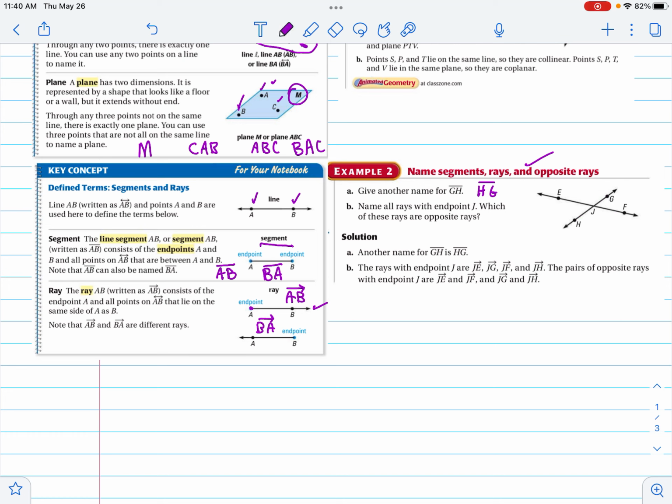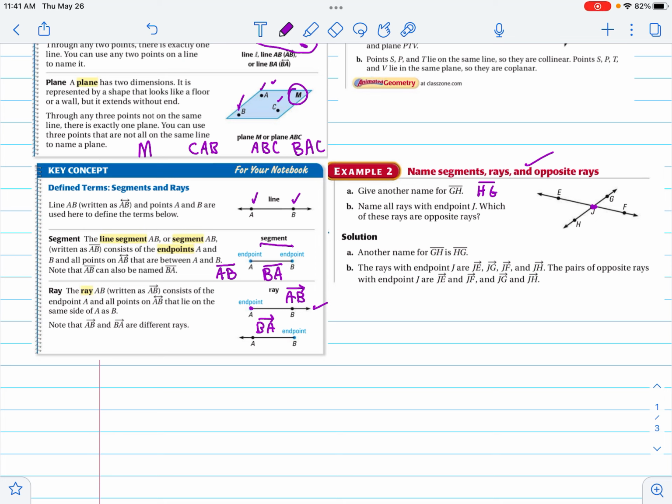Now let's look here at part B. Name all rays with endpoint J. Okay, which of these rays are opposite rays? Now, I haven't really defined what we mean by opposite rays, but let's look at this. Let's name all the rays with endpoint J. Okay, so we're talking about J right here.